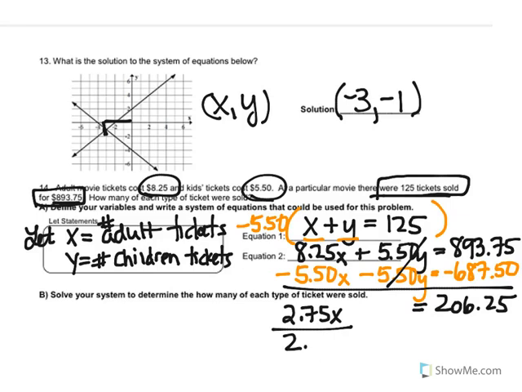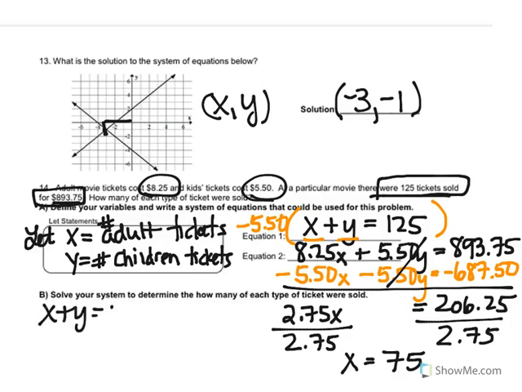Now we're going to divide each side by 2.75, and x equals 75. So I know that 75 adult tickets were sold. Let's plug that into our equation. We had x plus y equals 125. So 75 plus y equals 125.